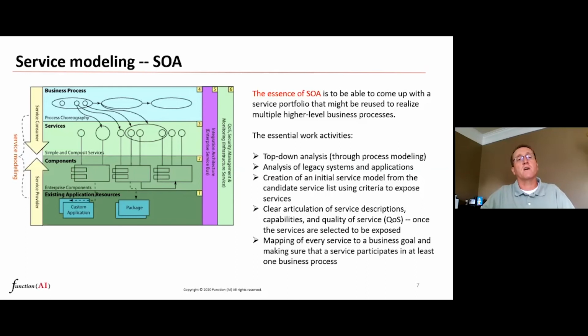So someone can come in and select from the services to create an entirely new service, and you clearly articulate these service descriptions, their capabilities, the quality of service that is provided through your IT services, and a mapping of this to the business goals. And this becomes a two-way street of communication between yourself and the business so that you understand the business goals and that you're tying the business services, the IT services, the SOA back to what the business is trying to accomplish.